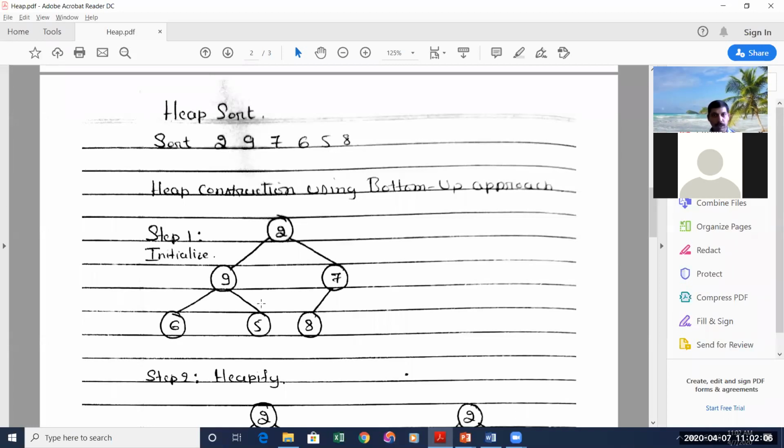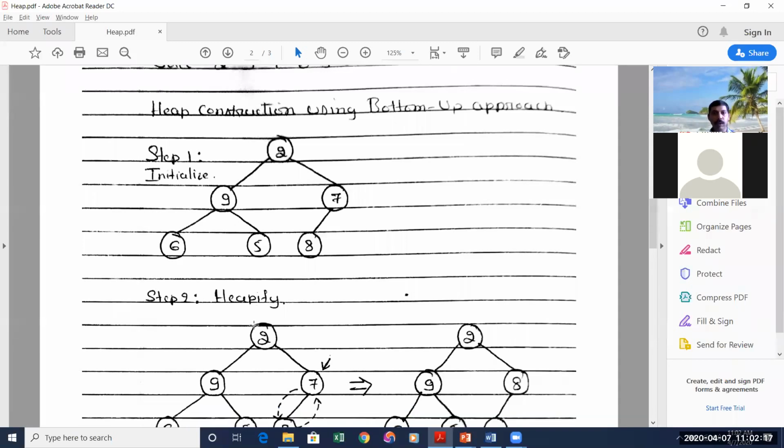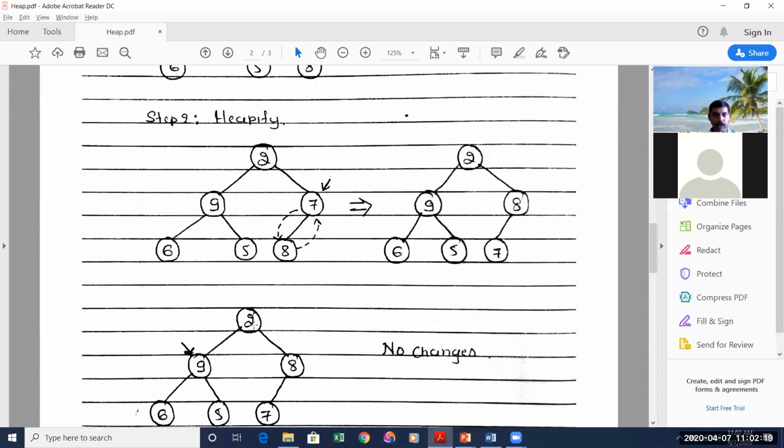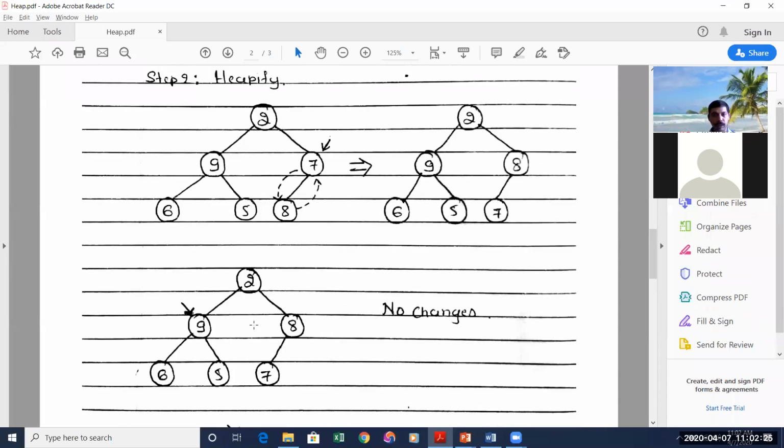To repeat, in heap construction we are using a bottom-up approach, and in that there are two sub-stages. One is initialize, the other is heapify. This is how we should write the output, one below the other and one beside the other.